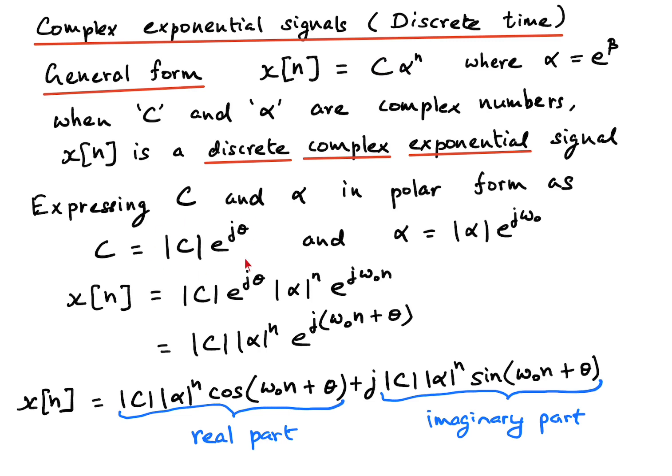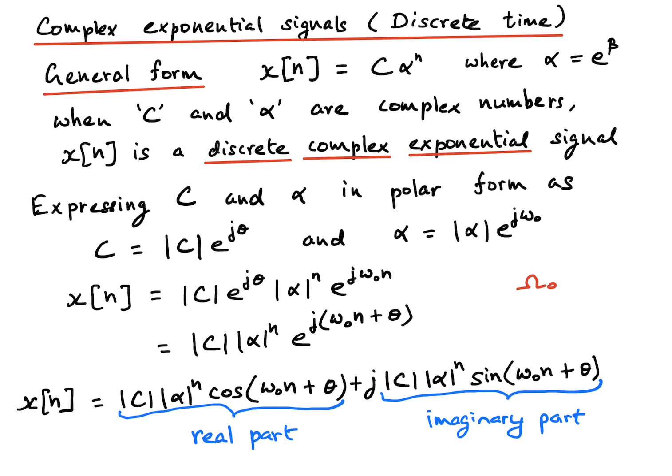That's for C. In place of alpha, we are substituting this term, and alpha is raised to the power n. So the magnitude of alpha should go to the power n, and e power j omega naught should also have the power n, right? So it's alpha power n e power j omega naught n. Now we can combine the terms, so we have magnitude of C alpha power n, and the e power j terms can be combined together to give e power j omega naught n plus theta.